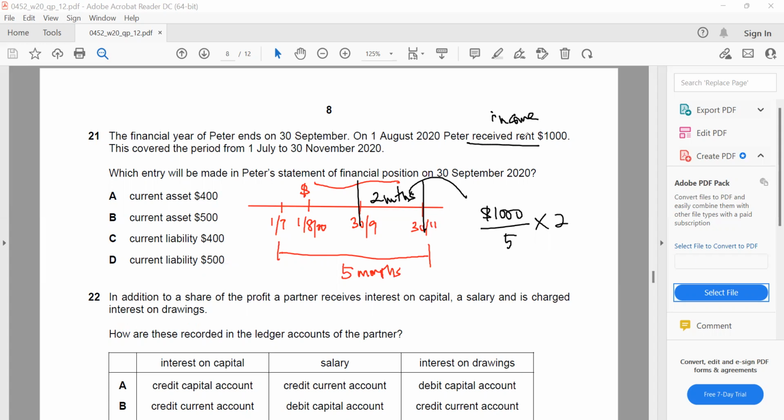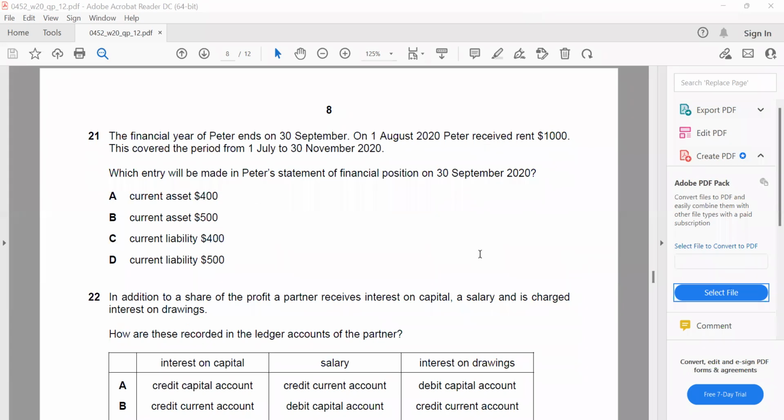If paid, it is an expense. So this is an income. Income prepaid is a liability. So this 400 will be the liability to Peter. So the answer should be C, because rent received is an income. Okay, next, continue.